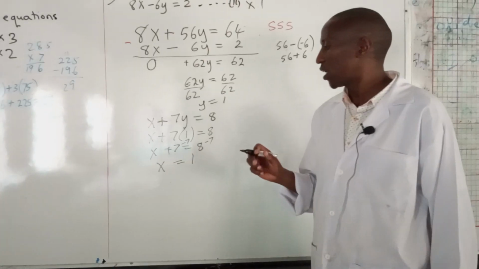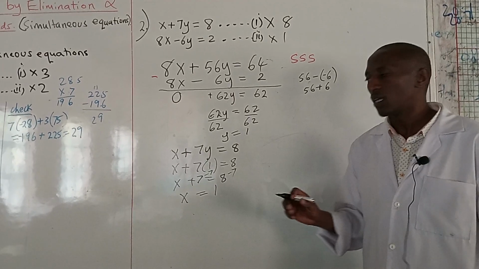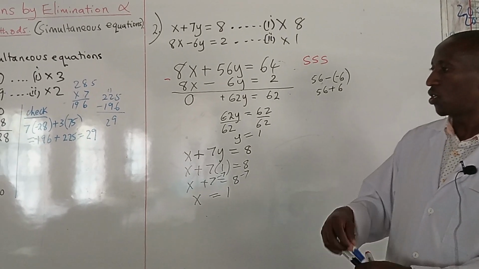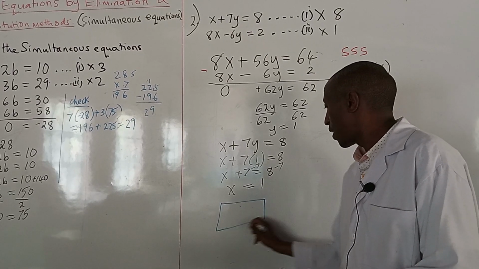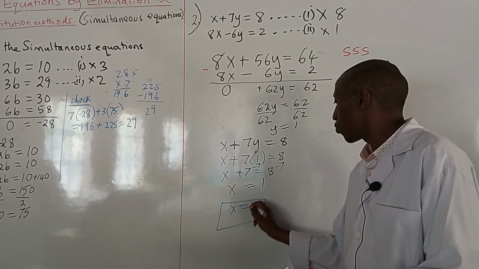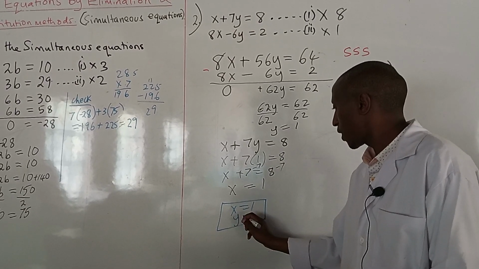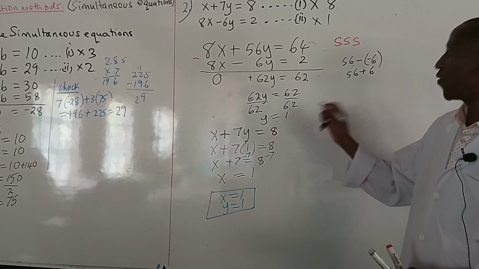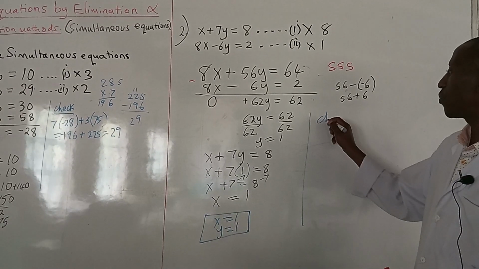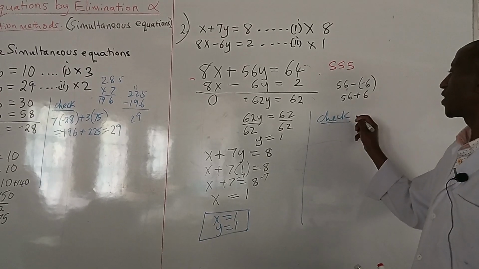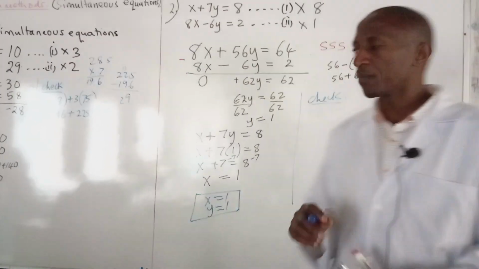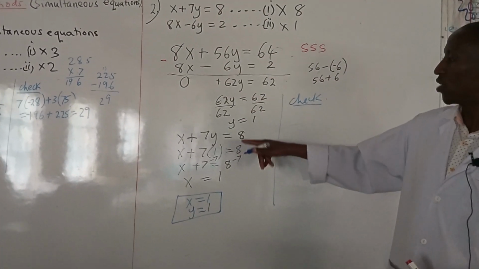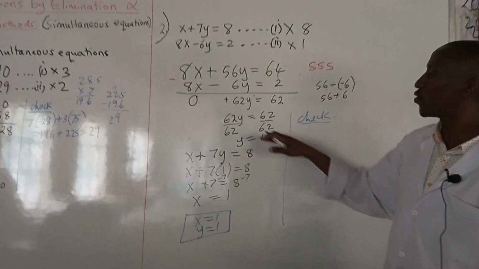So in this case, as we had said, show your final answers together, pair them. When x is equal to 1, y is equal to 1. And before you leave your question, it is important that you check that your values are okay. We had used equation 1 in substituting for y.